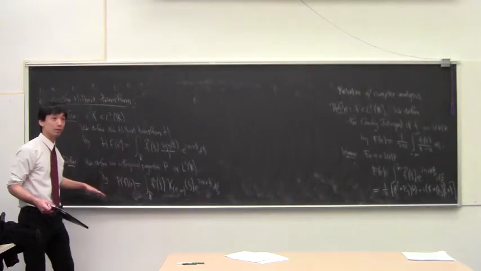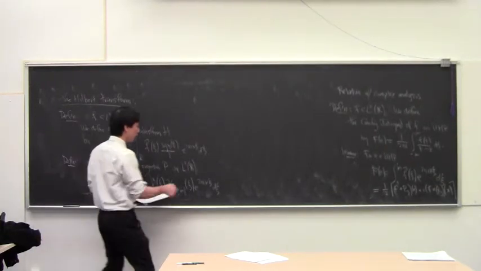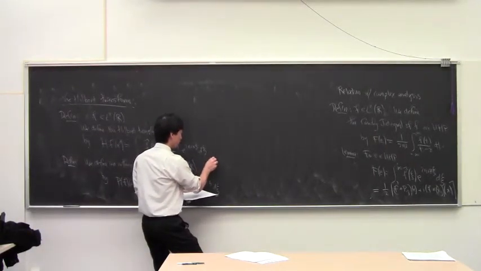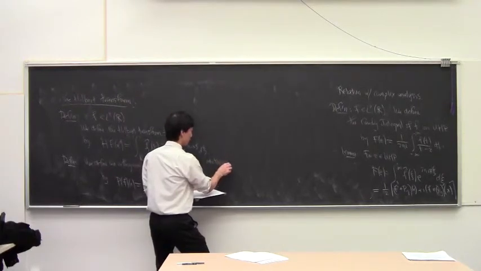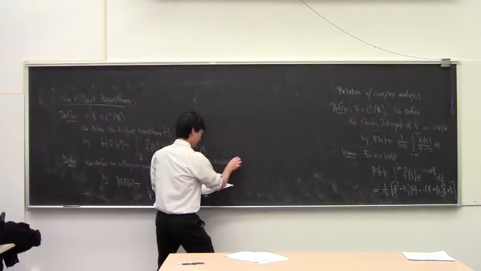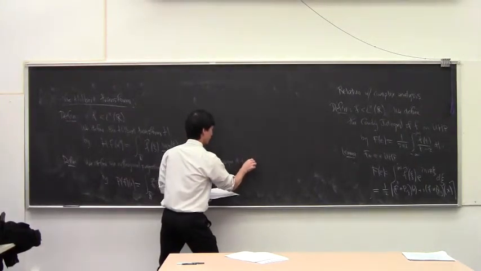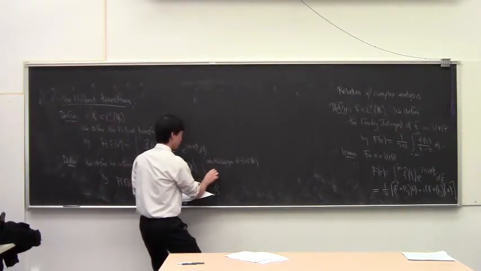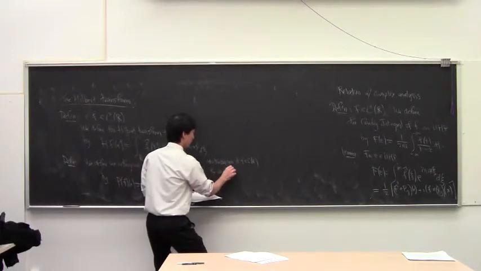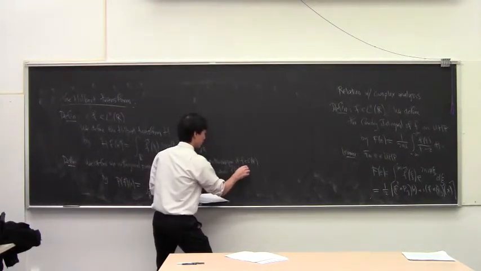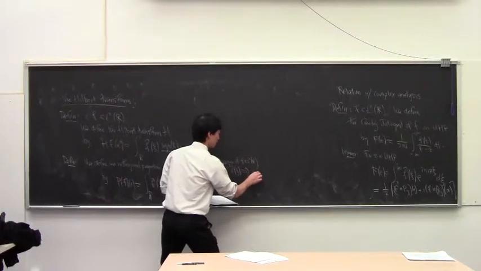And then you flip it backwards. So this is a projection onto the subspace of functions f for which f hat is 0 for all ξ less than 0.